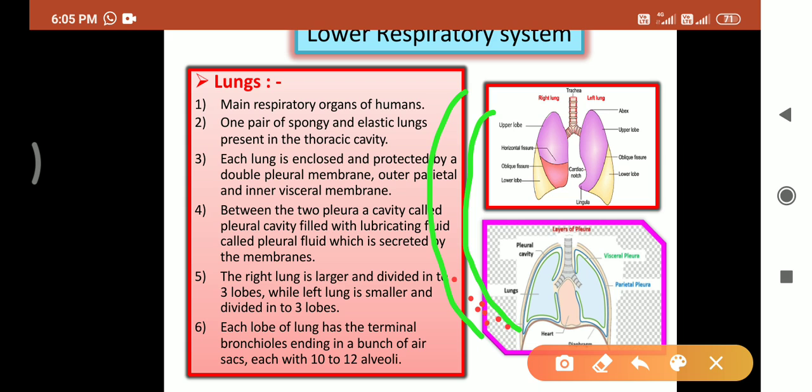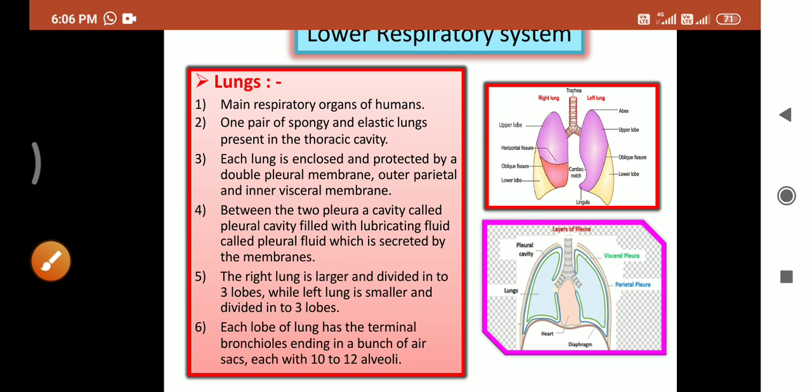As I am drawing here, this cavity is filled with fluid. This is the visceral layer, and this is the pleural cavity. Which type of fluid? A lubricating fluid. How does it get here? This membrane secretes the lubricating fluid, and that fills the pleural cavity.